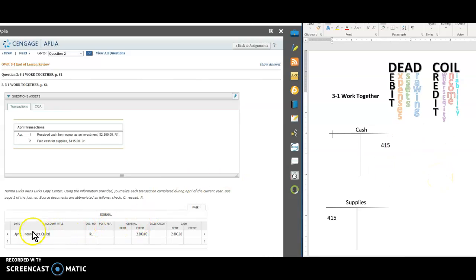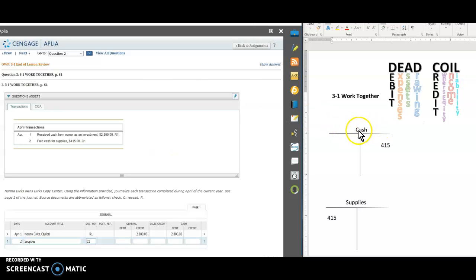Now to fill in my journal, the date: you don't have to write April again. Once you write the month for the first time, you just have to put the day, so put a 2 in there. Now, my accounts are cash and supplies. Remember, I am not going to write cash or sales in my journal, so all I'm going to write here is supplies. My document number is C1, check number 1.